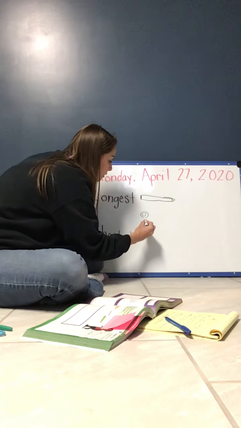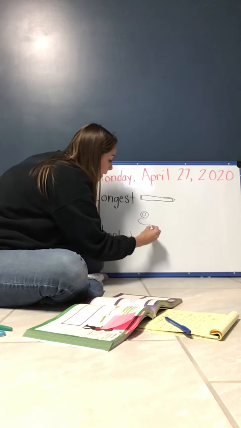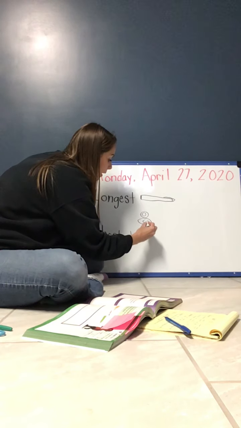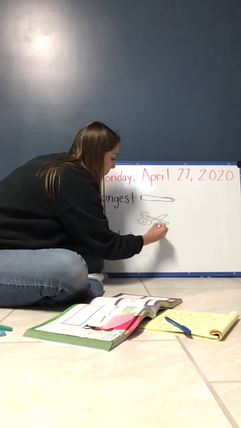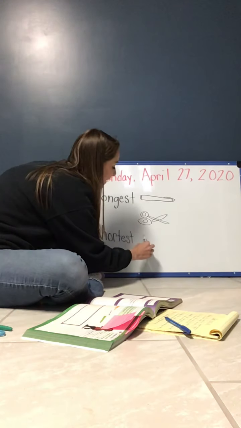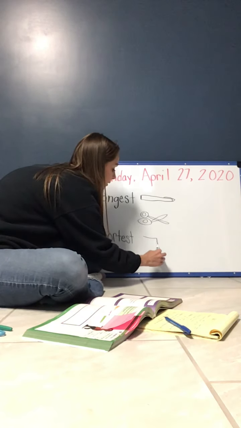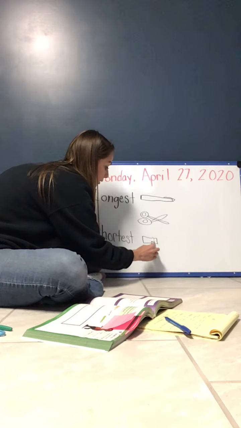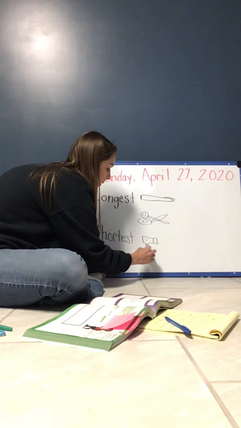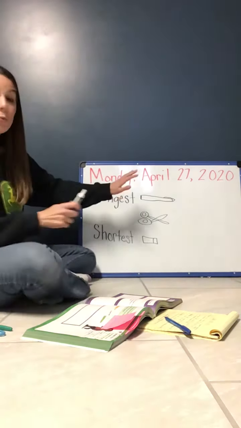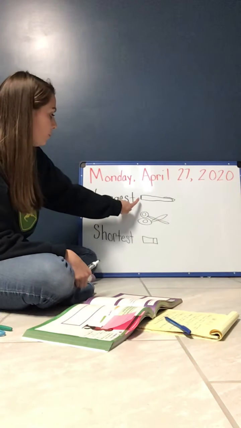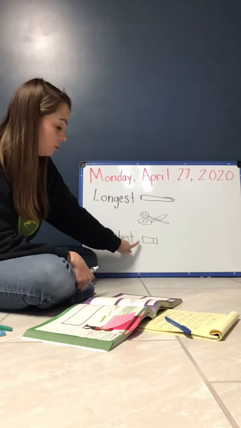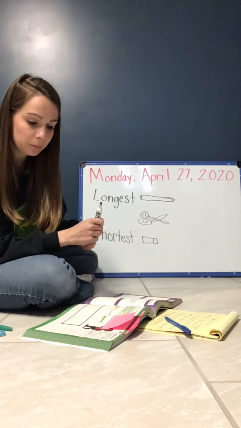So here's my scissors. All right, there's some wacky scissors. And then my little glue stick was the shortest object. So there's my glue stick, there's its cap. All right, so we ordered these 3 things in order from longest to shortest.